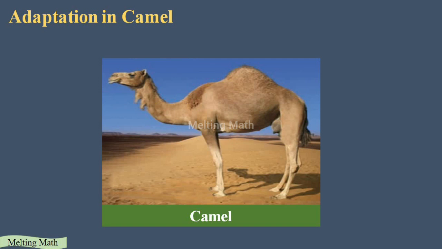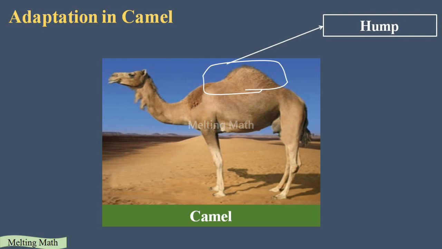Next, camel hump. This region is called a hump. This hump stores fat and proteins in its body. Whenever it needs energy, it breaks down the fat in that hump and gets energy from that. And the camel has large and flat padded feet.